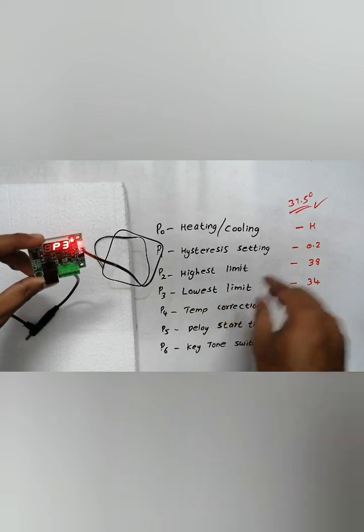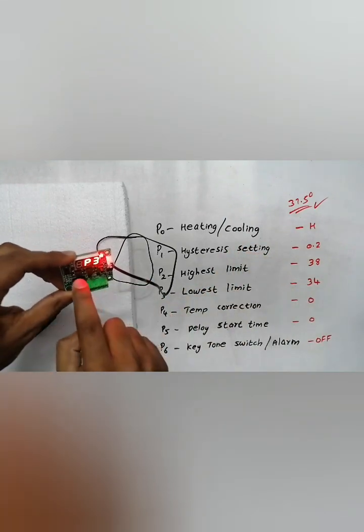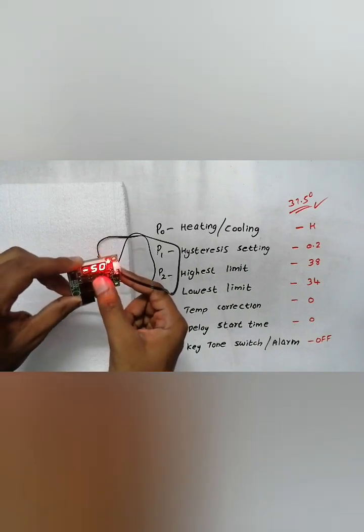Now I am going to set P3 as 34 and long press the set button. So we set P3 as 34.